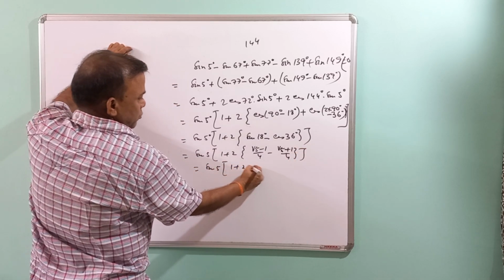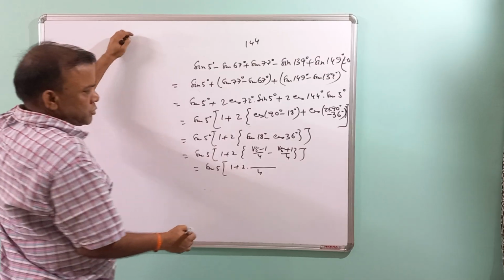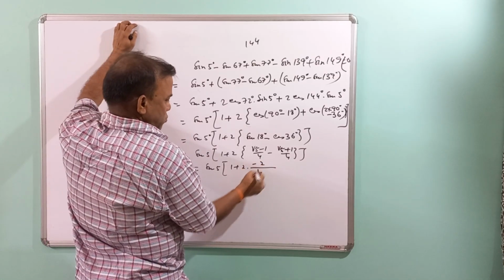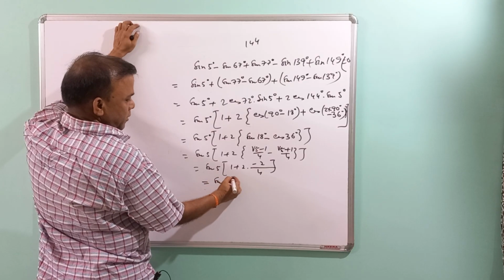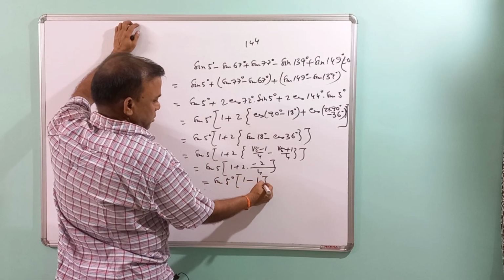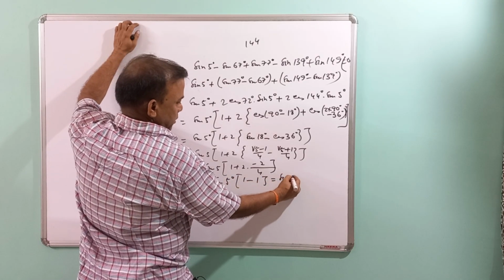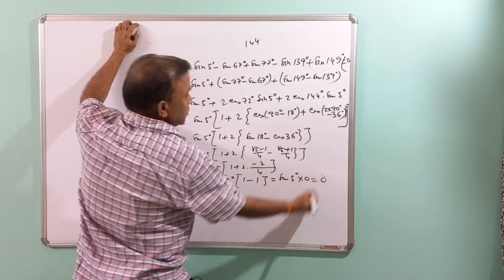So 1 plus 2 into root 5 minus 1 by 4, minus 2 into root 5 plus 1 by 4, the root 5 cancels, giving 1 minus 1. Therefore, sin 5 degree into 0, which is 0.